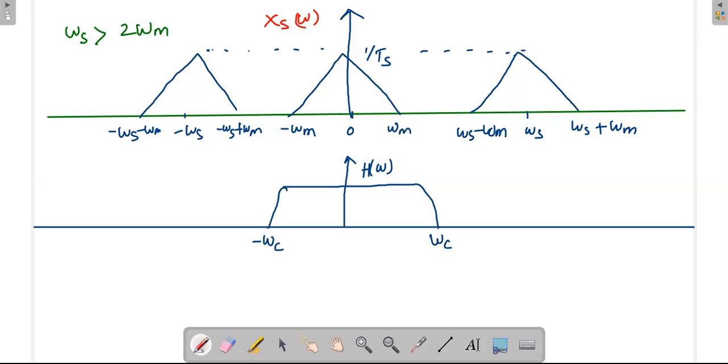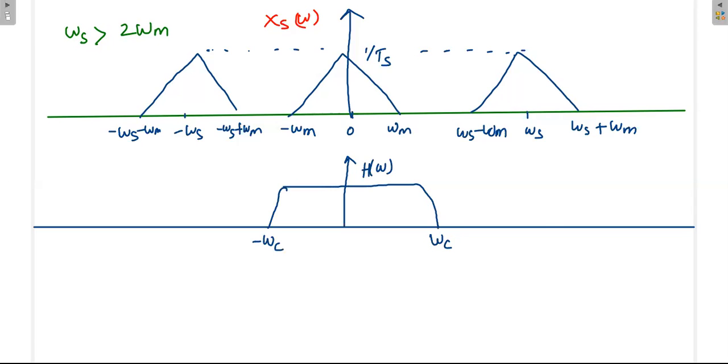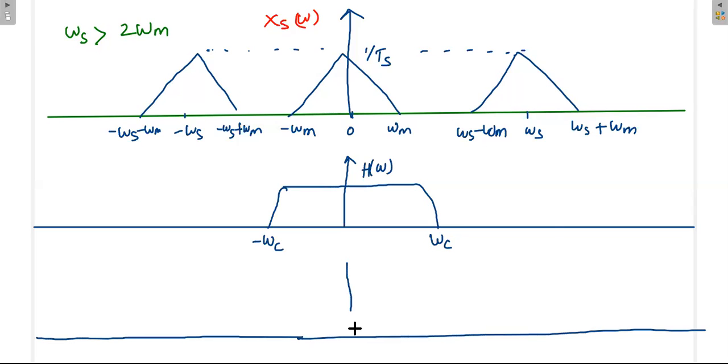Because what we need finally is only this spectrum, only the central spectrum, which we'll call X_r of omega, from minus omega m to plus omega m.